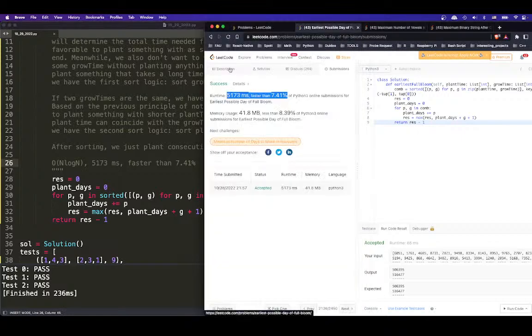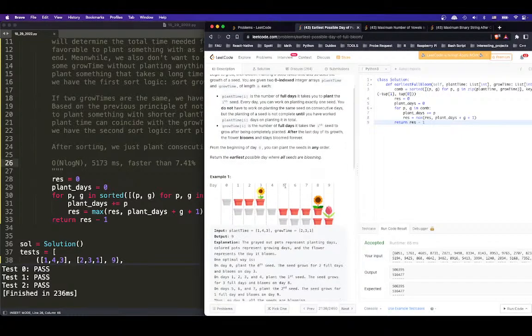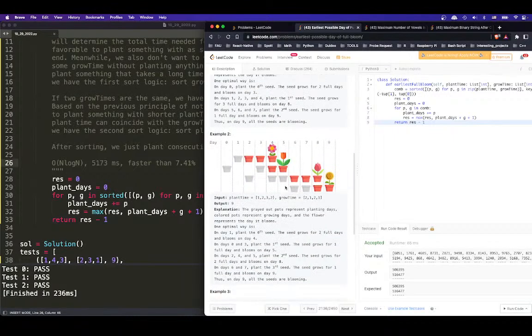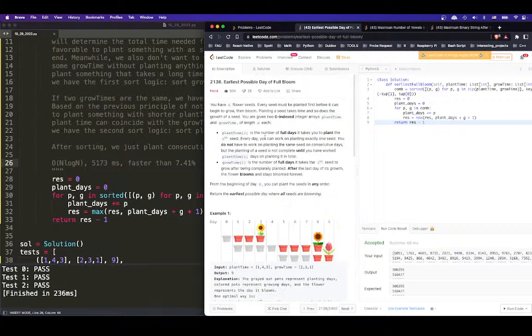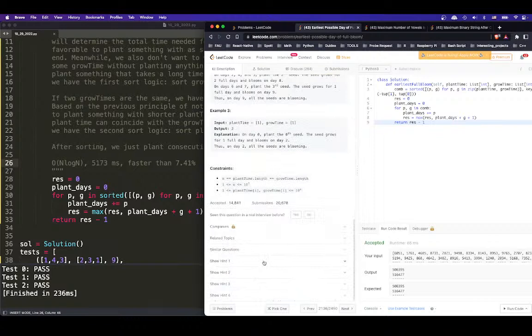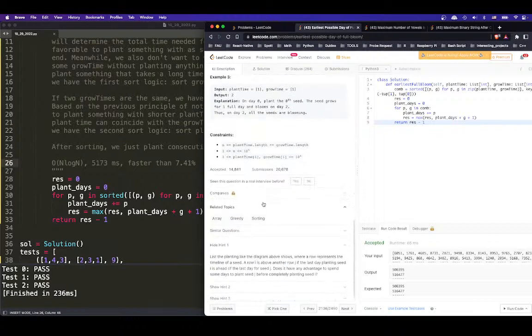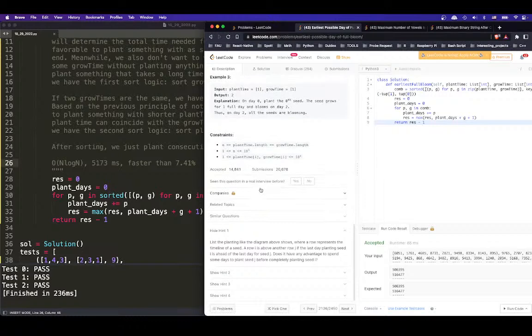Can we do this without sorting? How? I don't know. Let's read the hint. Greedy.